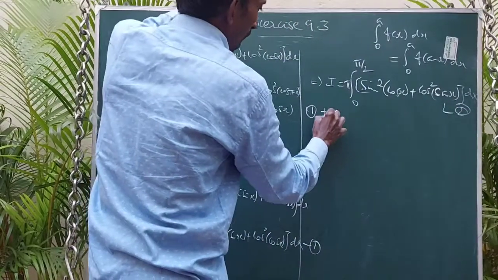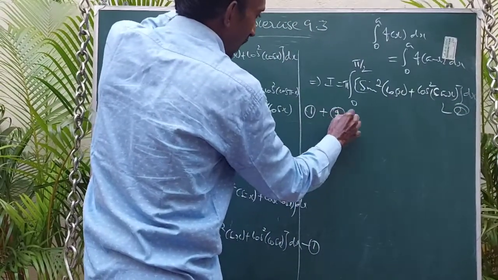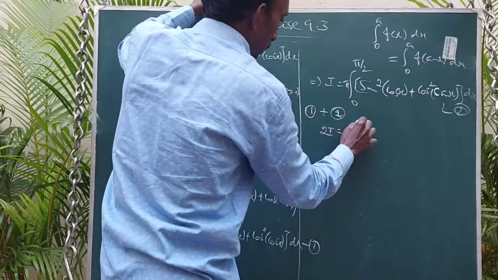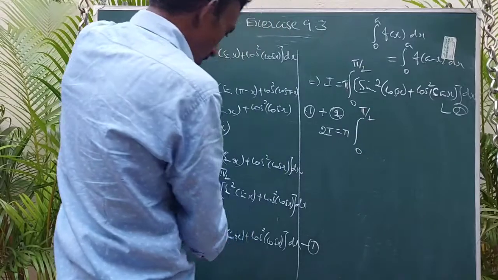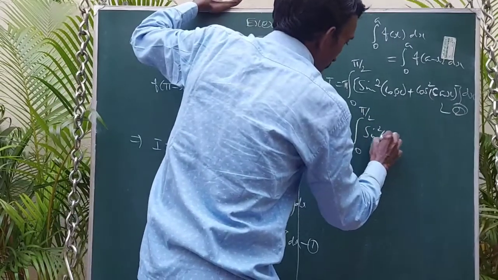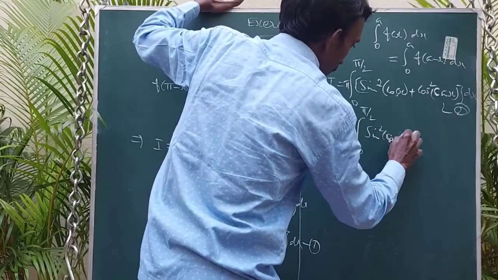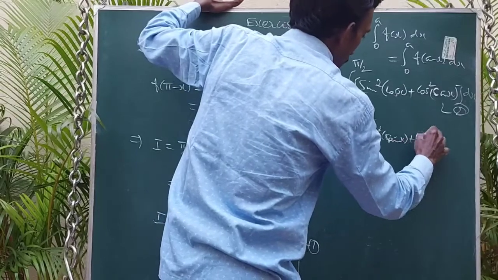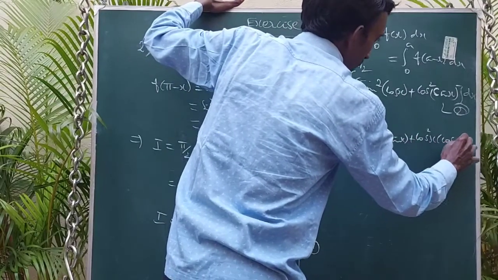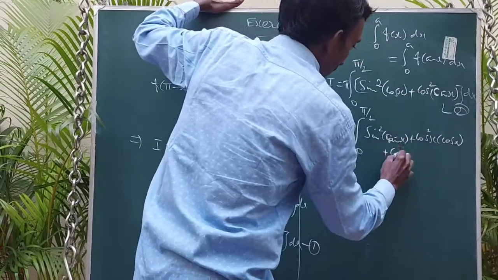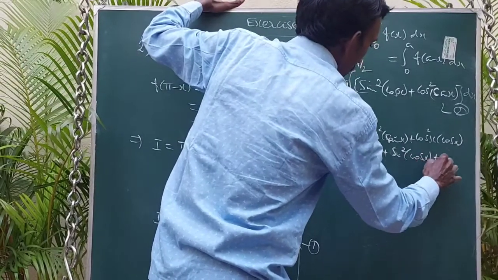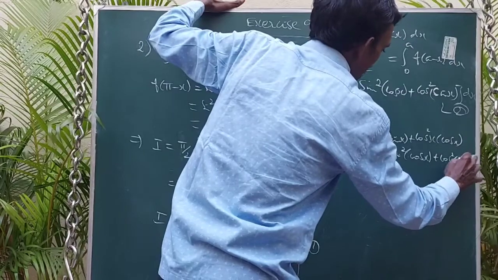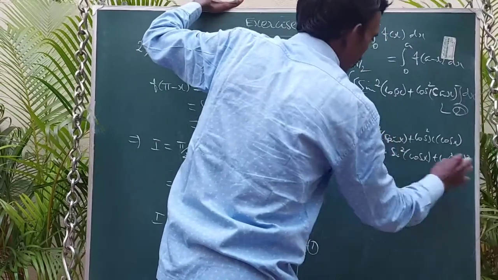Again adding 1 and 2, I plus I, 2I equals pi into integral 0 to pi by 2 of sin square of cos x plus cos square of cos x plus sin square of sin x plus cos square of sin x into dx.